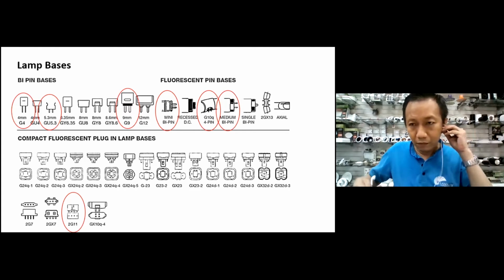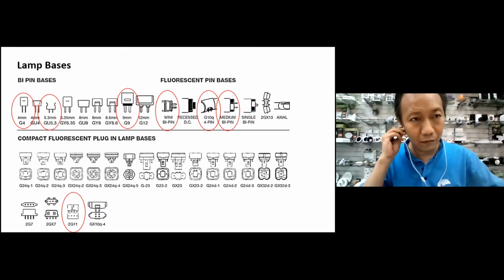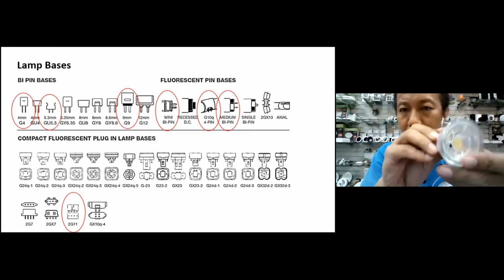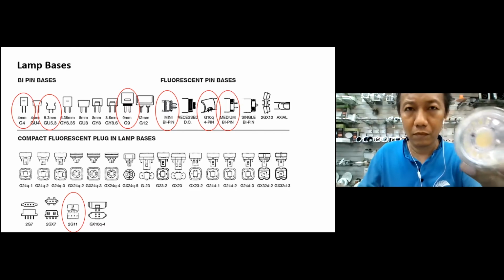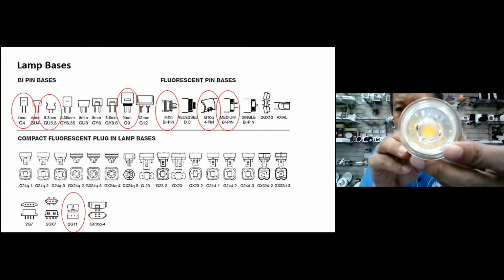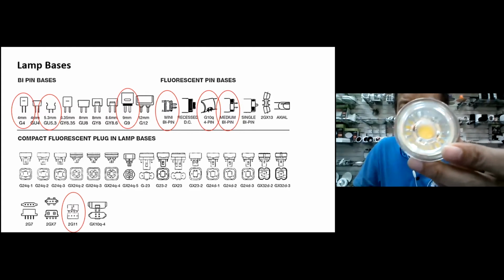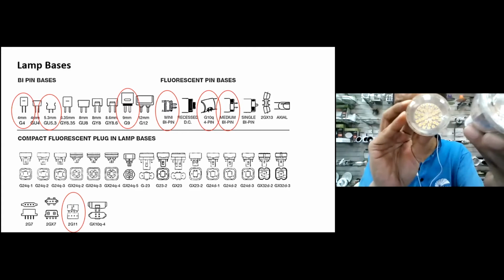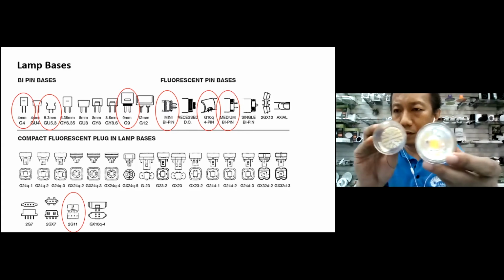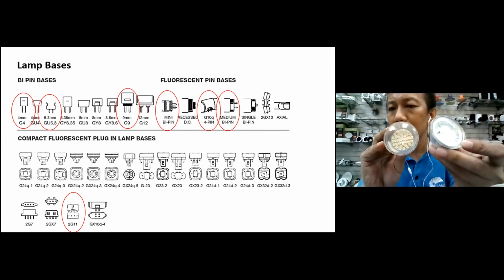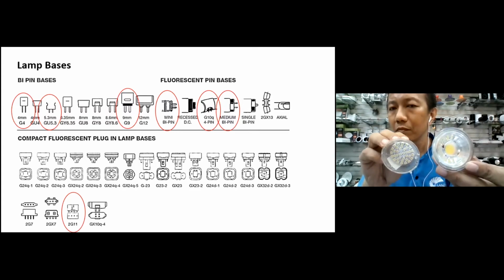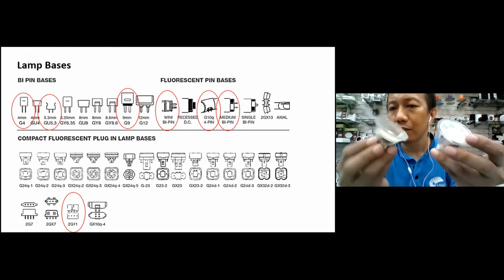The COB is just one whole piece. So can we refer to them as SMD and COB? Yes. Actually, SMD is cheaper, but COB has a better light output.